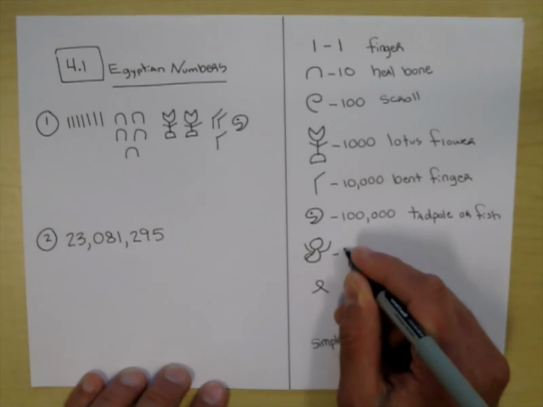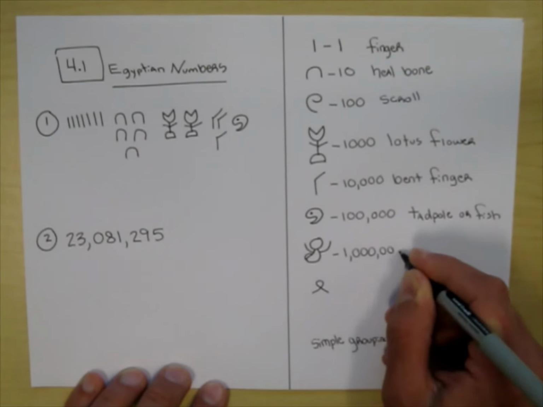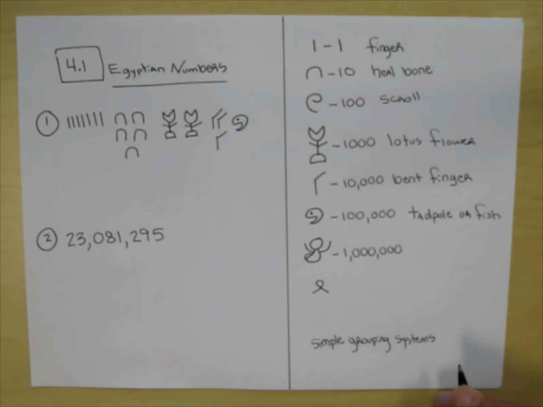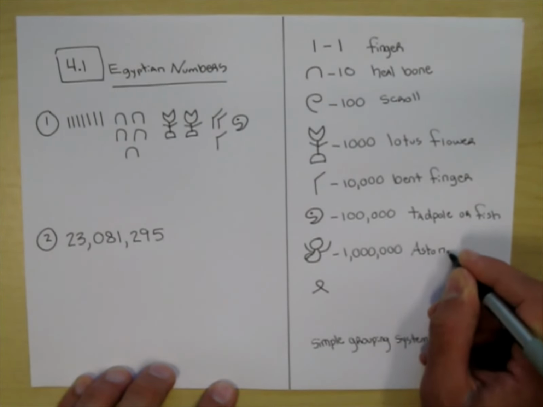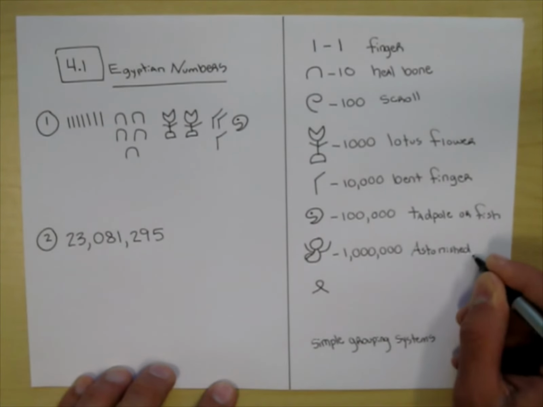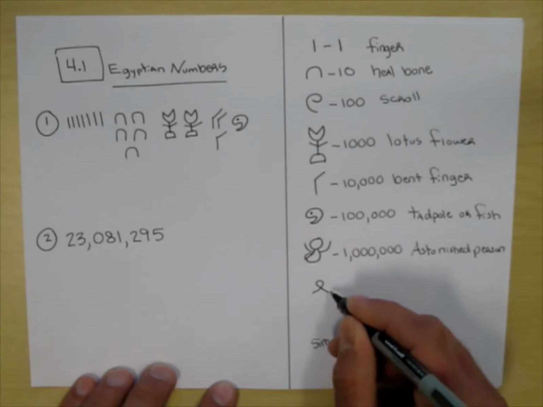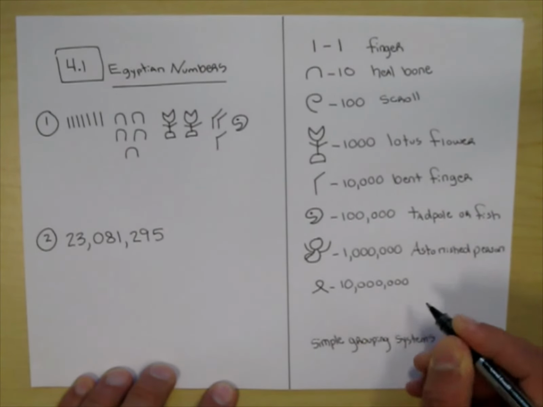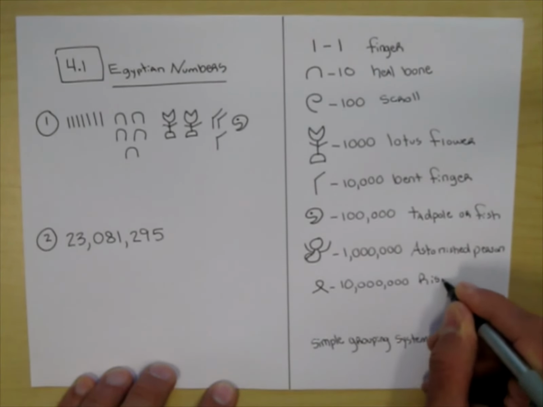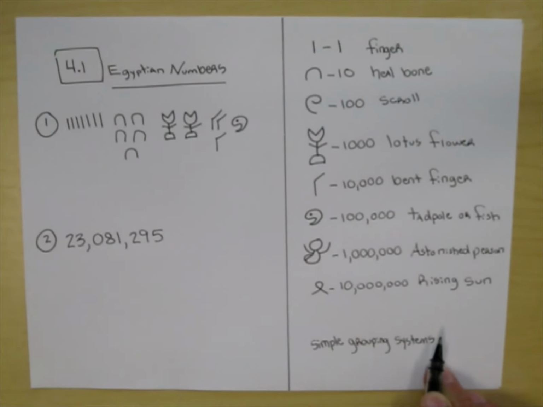This represents 1,000,000. So we'll say this is the astonished person. And then this guy right here is 10 million, which is the rising sun. Okay, so that's what we have here.